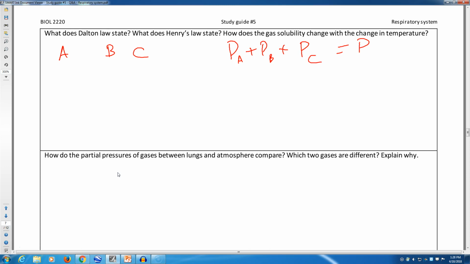Now, lungs and atmosphere. So we're talking about 4 components. So we have nitrogen, oxygen, CO2, and water, right?